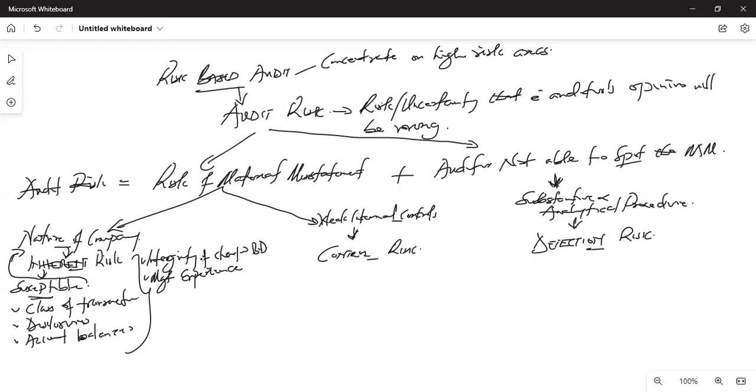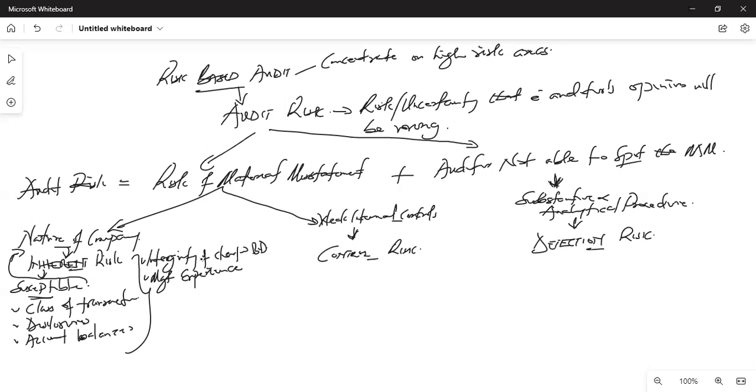Unusual pressures on management and all those. If in the company you see high labor turnover, you will see that there will be inherent risk just because people are leaving the company. It affects even the financial statement. All right, that is it.